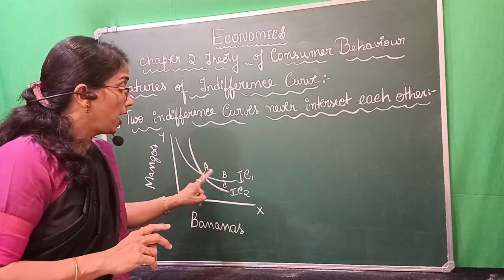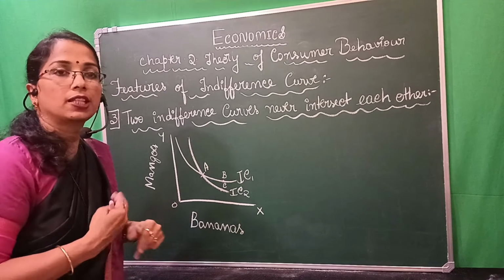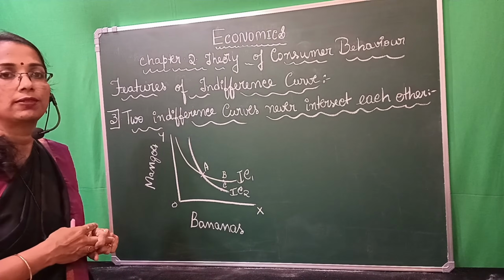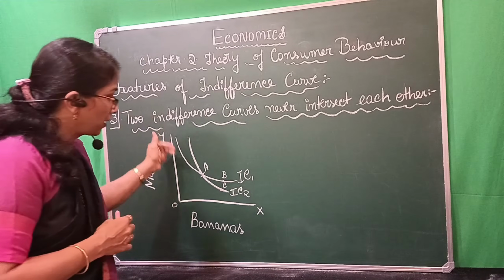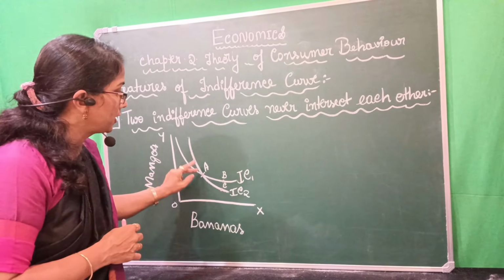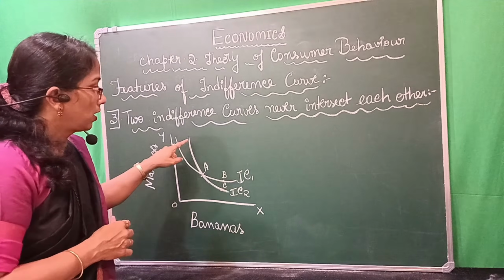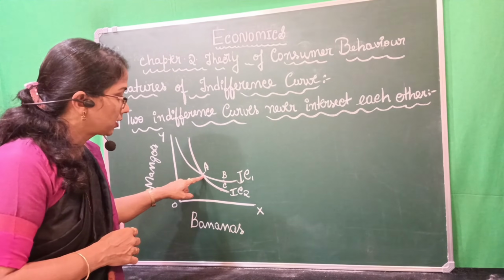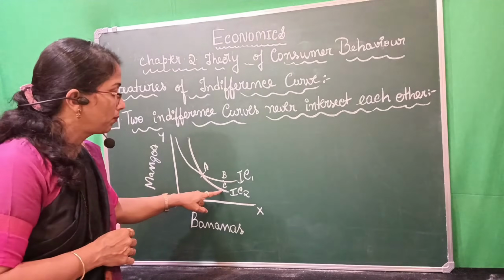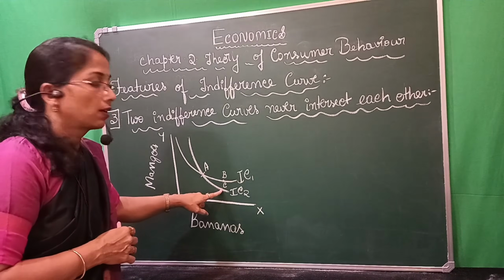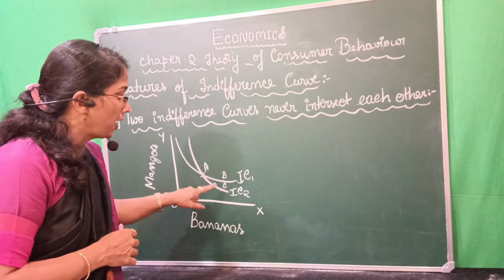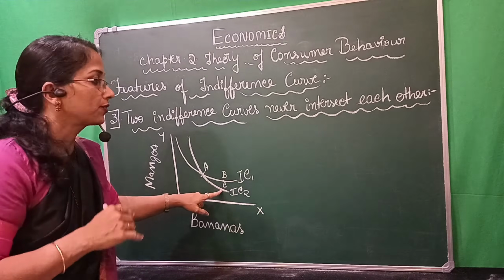That means points A and B are giving the same level of satisfaction. Let us take two more points on the IC2 curve. On the IC2 curve we have point A and point C. That means points A and C are giving the same level of satisfaction.